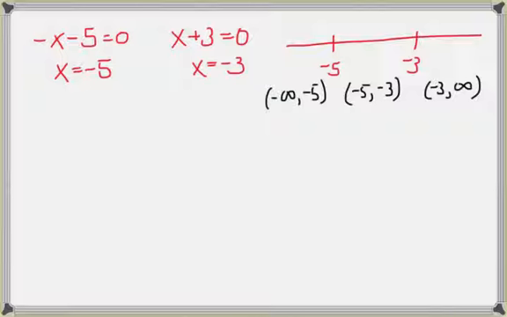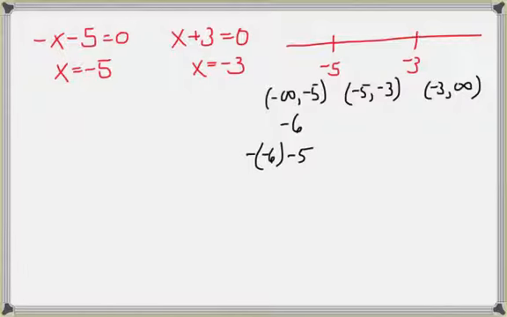So let's pick a number between negative infinity and negative 5. Let's use negative 6 for this problem. I'm going to plug it into the function when I set it equal to 0. And that function, remember, was (negative x minus 5)/(x plus 3). I'm going to go ahead and show the substitution for this problem.